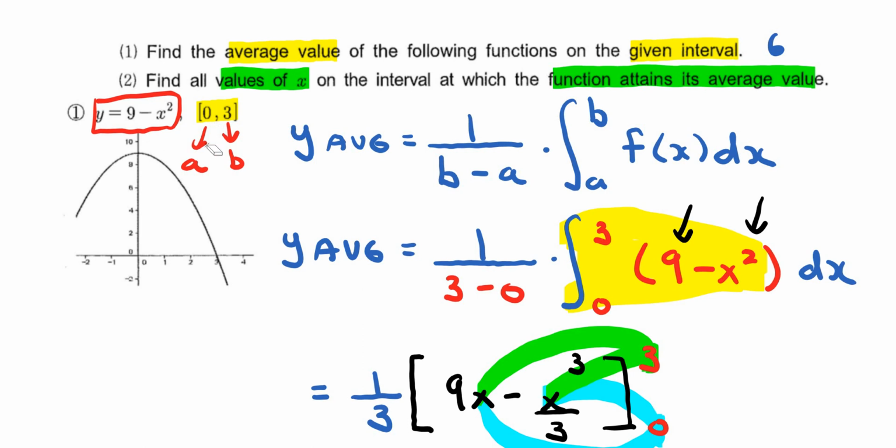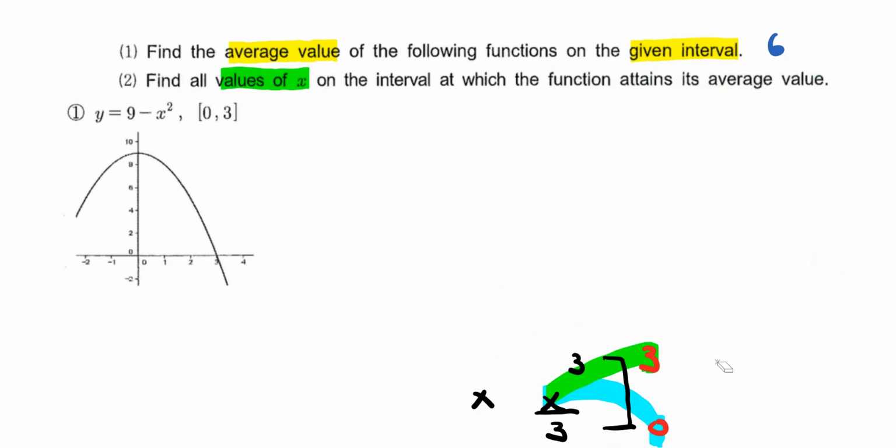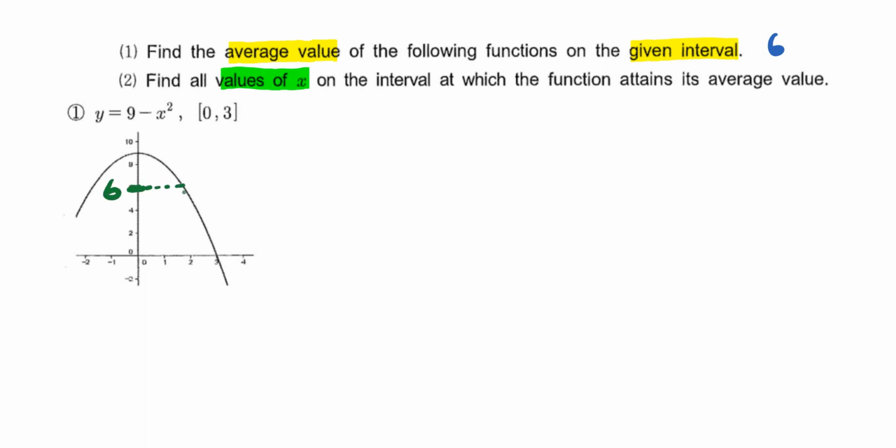And let me just erase all this. Okay, so basically we found that the average value is 6. Part B, the second part of the question, is we need to find the values where we obtain the average value. So the question might be, what is this x value right there?